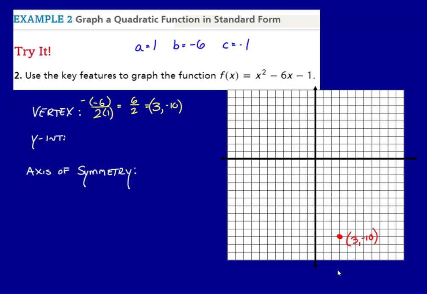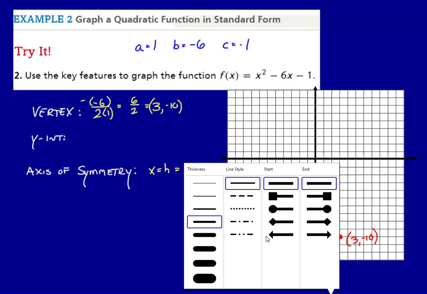Okay, now what's really nice is we should already know the axis of symmetry. The axis of symmetry, remember, runs right through your vertex. It splits your parabola in half. So I know it's going to be an x equals line, and it's going to be x equals h, which is 3. So x equals 3.